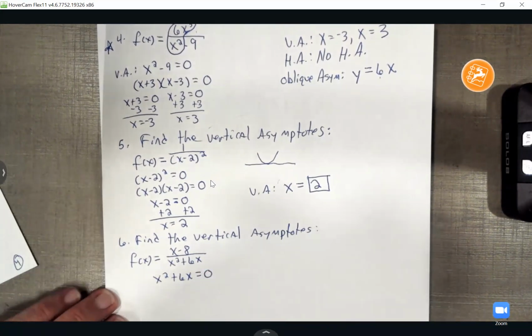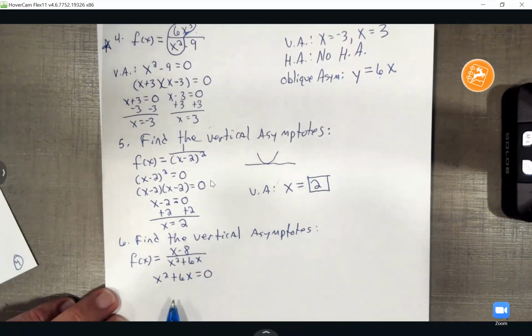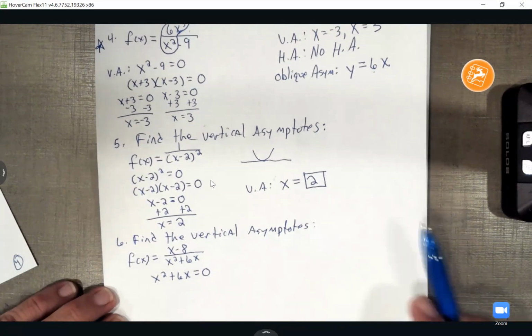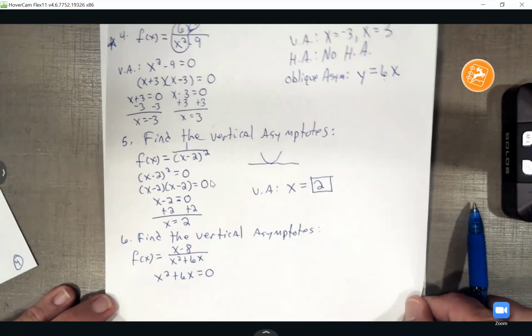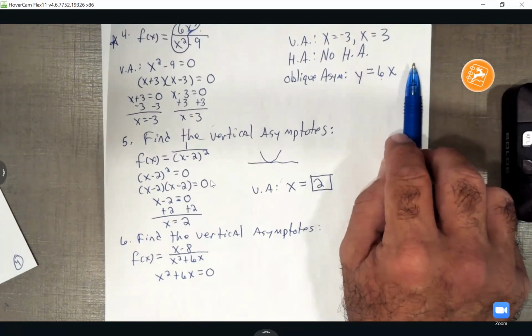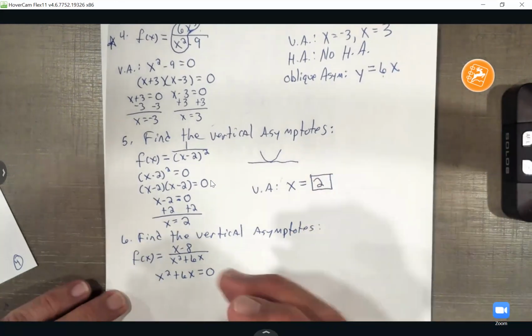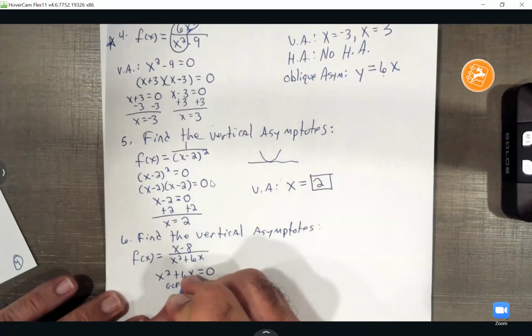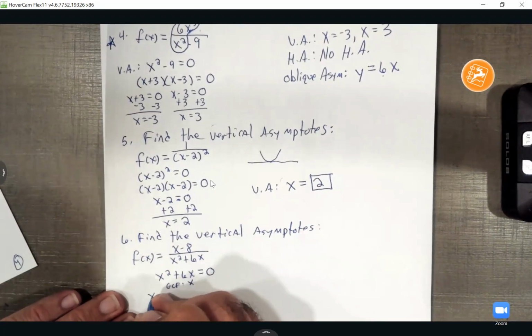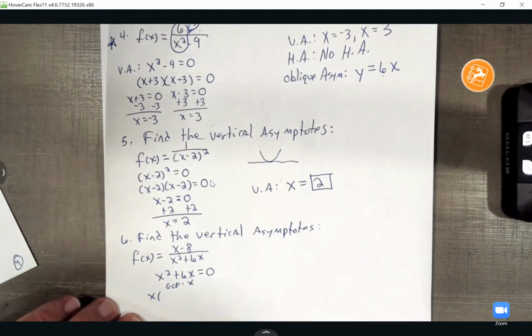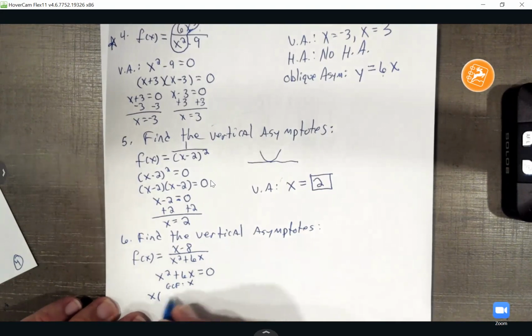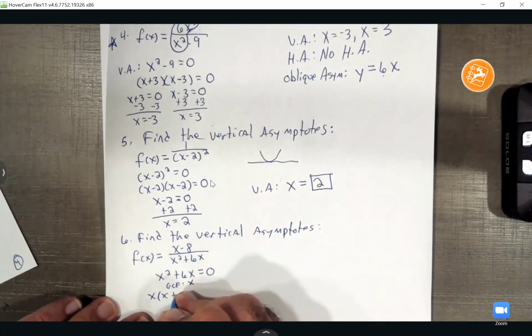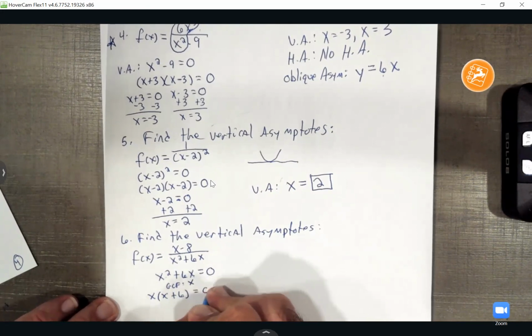So y'all, to solve this one, what would y'all do to this thing? Take out the x. Oh, good. You would take out that GCF, x. Good job. And remember, that's the first thing you got to look for is those GCFs. So y'all, if I factor out an x, I'm going to divide both these by x. That's going to leave me with x plus 6.